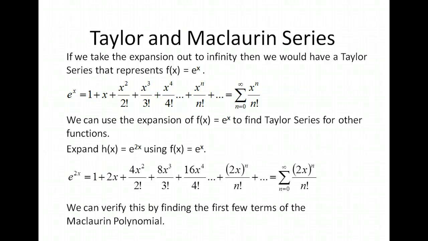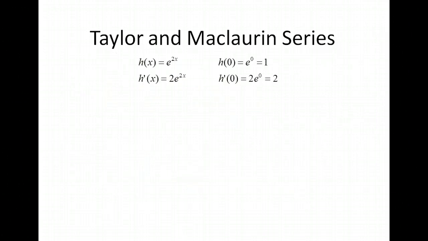Let's go ahead and verify this by finding the Maclaurin polynomial for the first few terms. Again, we're going to take the derivatives. So remember that e to the 2x is a composite function. It is its own derivative, but then we take the derivative of 2x, which is just 2. Evaluating the first derivative at 0, we get 2. Evaluating the second derivative at 0, we get 4.